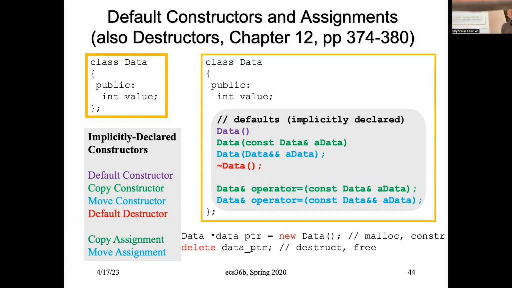Okay, so first let's talk about constructor and destructor. Then I will talk about the two different ways for you to create a new object or to delete an object.